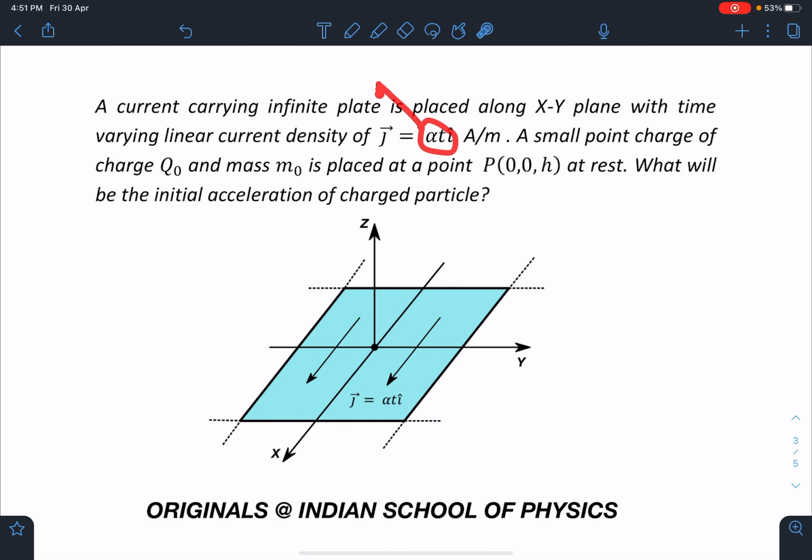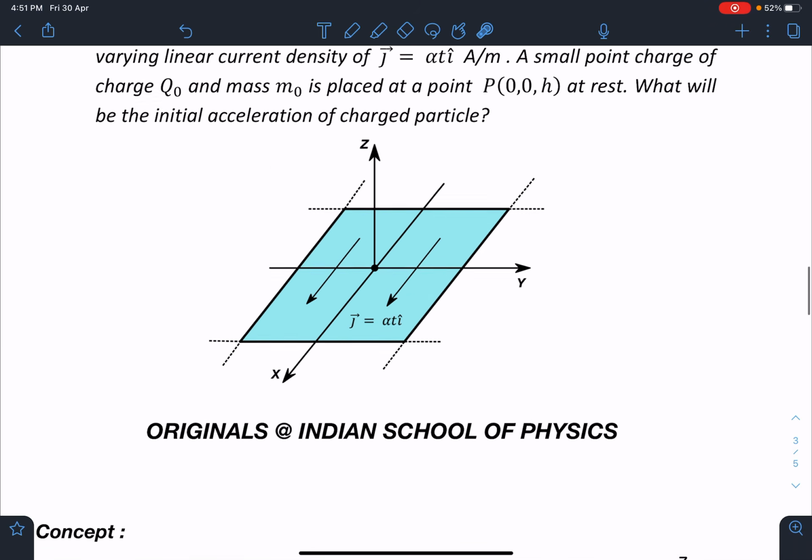So what we are going to get is a time varying magnetic field, which is going to produce an electric field, and this electric field will give acceleration to the charged particle, because initially it is at rest, so magnetic force will not come into the picture. But due to the induced electric field, there will be some acceleration to the charged particle.